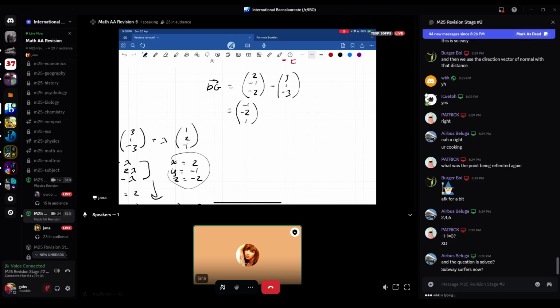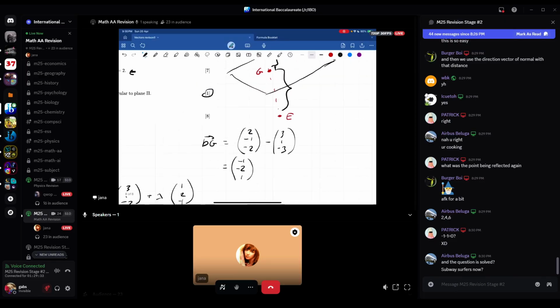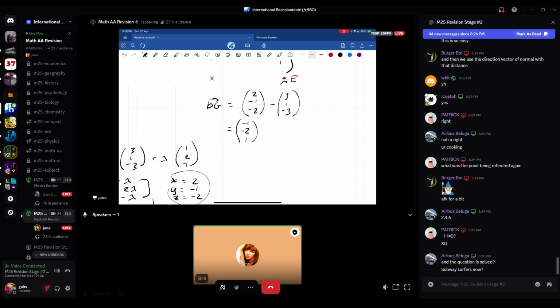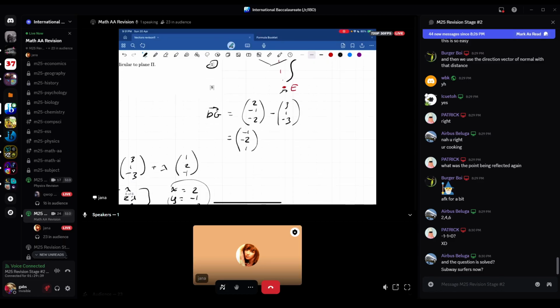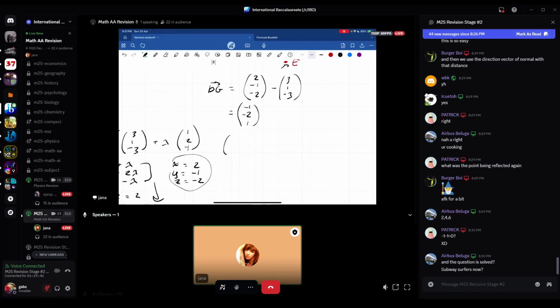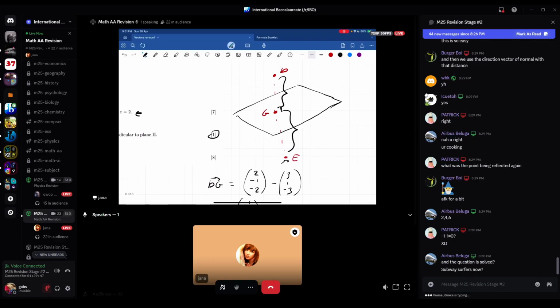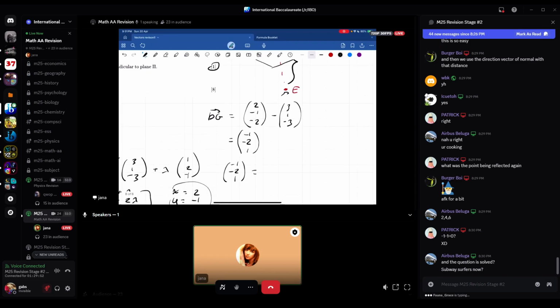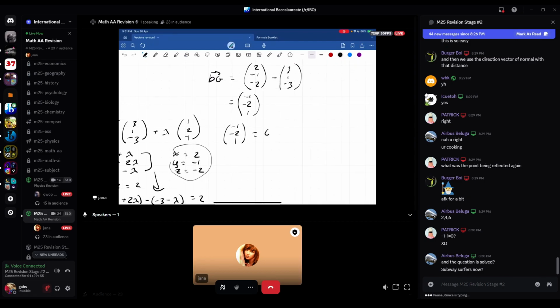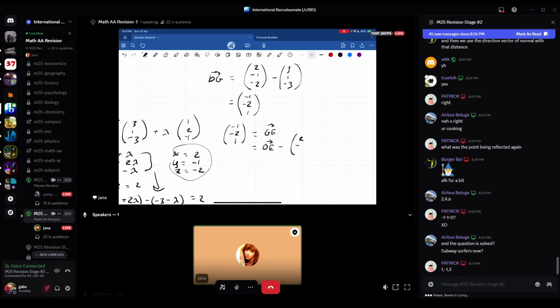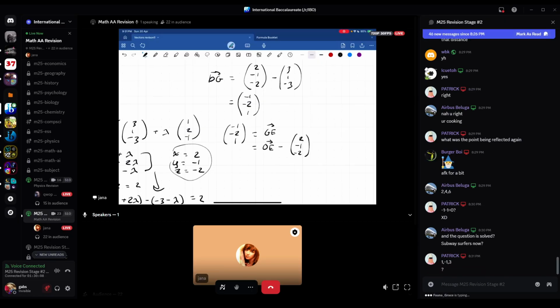Anyway, we have vector DG. We can use that to find OE, which is the one we're looking for. So DG, which is negative 1, 0, 1, is equal to GE, which is the same as OE minus OG, which we already have, 2, negative 1, negative 2.